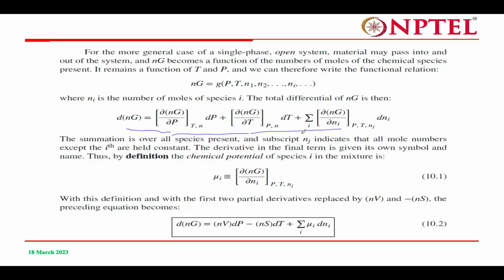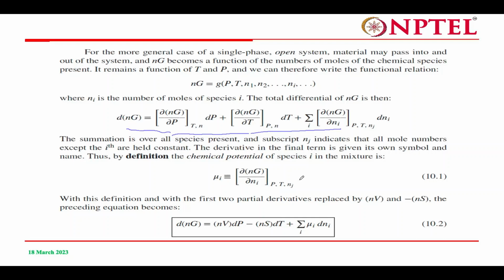So the final term is denoted by mu i, equal to the derivative of nG with respect to ni at constant P, T, nj. It is called the chemical potential of species i in the mixture.